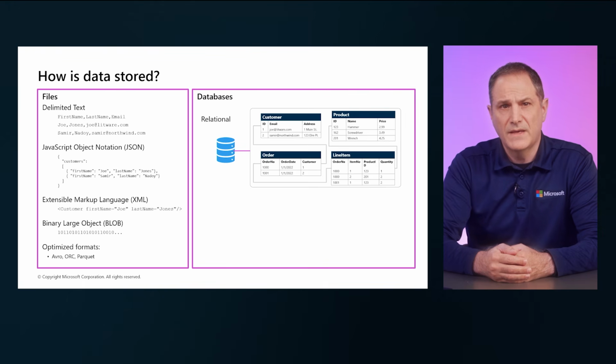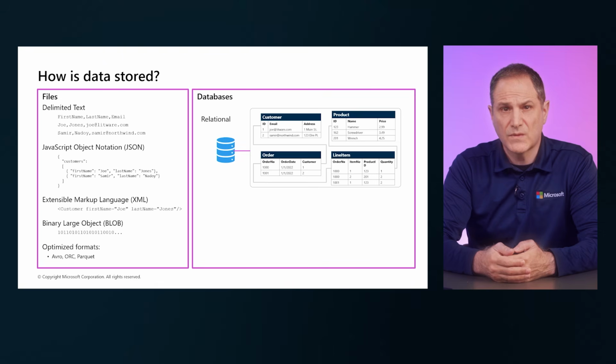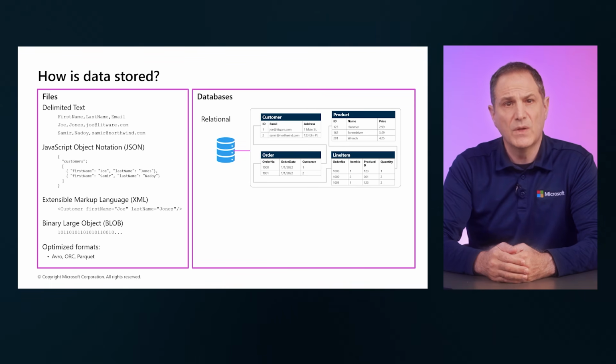For instance, a customer primary key can be stored in a sales order to indicate which customer placed the order. This approach enables normalization, which reduces duplication by ensuring that details about a customer are stored in one place rather than being repeated on every order. These tables are managed and queried using Structured Query Language, SQL.